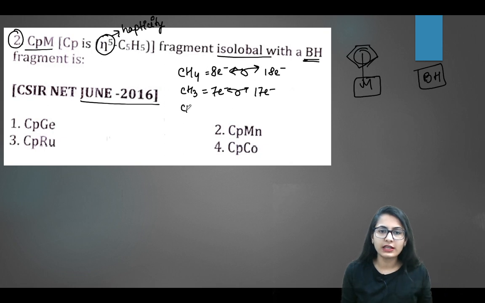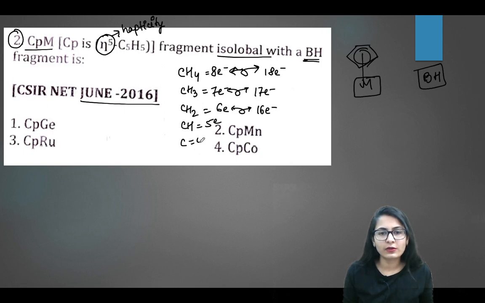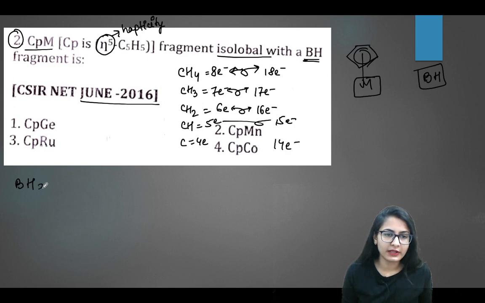You can just go on decreasing the number of electrons, 6 electrons with 16 electrons, because the number of holes is going to be the same. CH has 5 electrons, C has 4 electrons, and so on. So it is isolobal with 15 electrons, and this with 14 electrons. But it is not the same in the case of BH3.